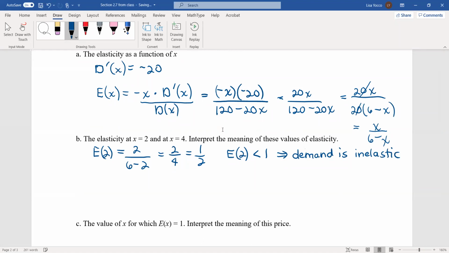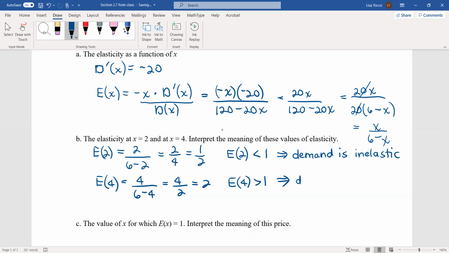All right, and then E of 4, so that's 4 divided by 6 minus 4, which is 4 divided by 2, which is 2. And 2 is greater than 1, so E of 4 is greater than 1.